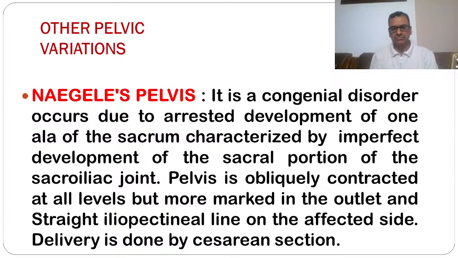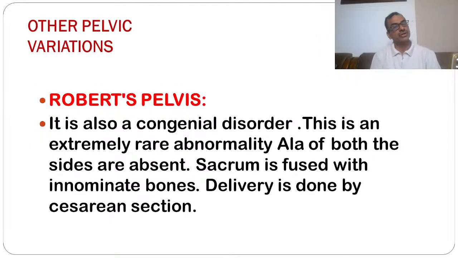So again, normal delivery is not possible. Cesarean section may be the choice. Then Robert's pelvis. It is also a congenital disorder. This is an extremely rare abnormality where the ala of both sides are absent and the sacrum is fused with the hip bone. Delivery is done again here by cesarean section.